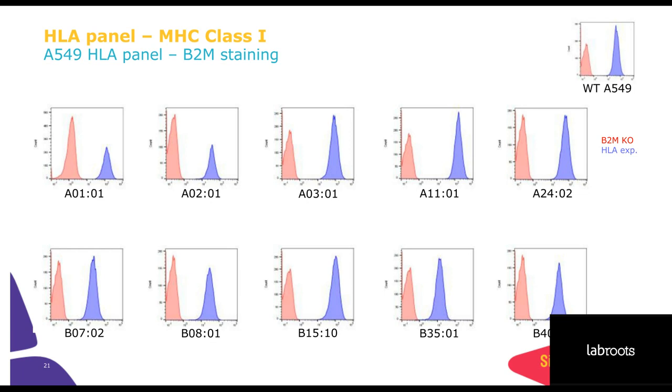Once we delivered each of the single HLAs shown here into this knockout parental cell line, you can see very clearly that we get high expression of beta-2M on the surface. And again, when we stain these cells with a pan MHC Class I antibody, we see similar results. So we are getting high expression of not only the beta-2M, but also the HLA on the surface.